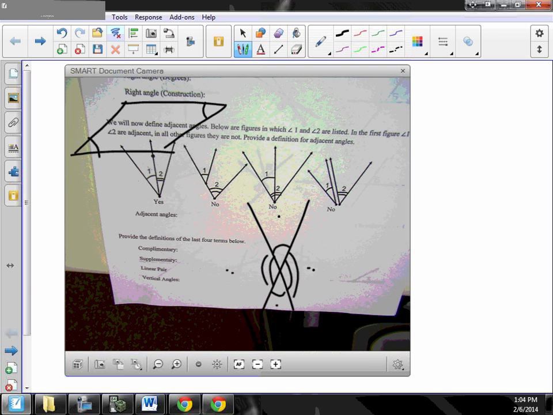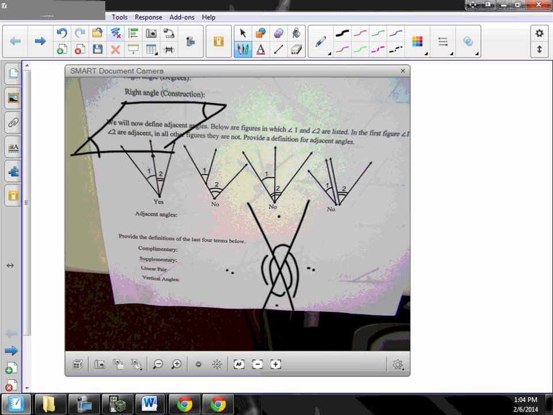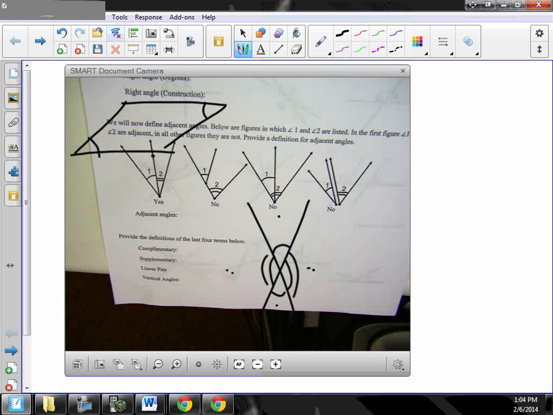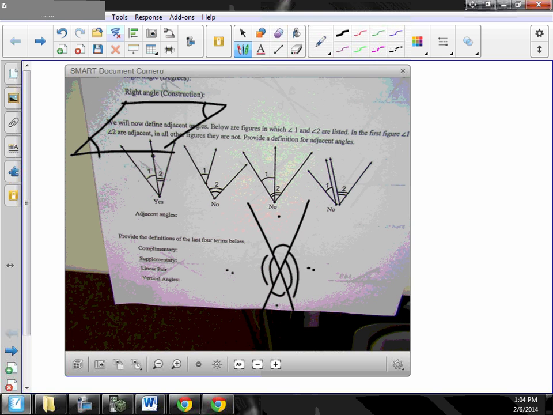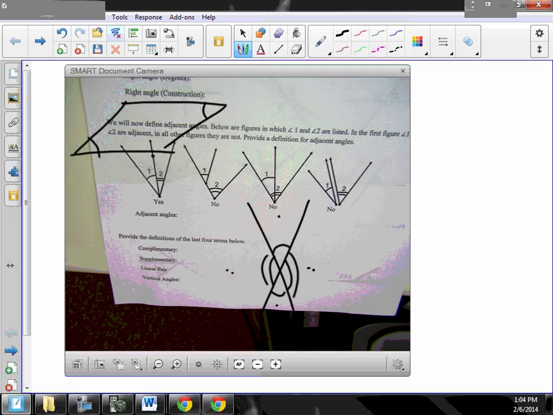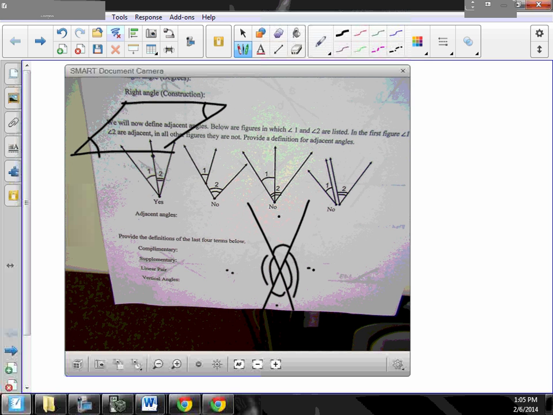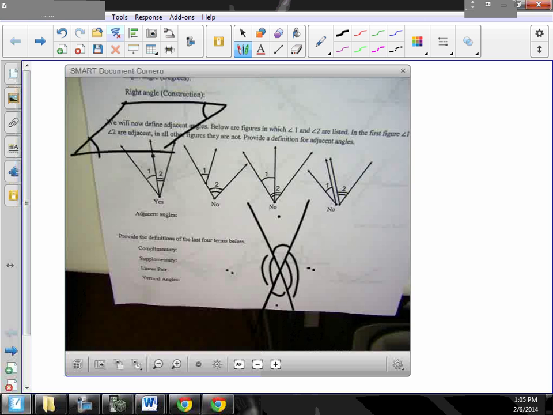So the definition of adjacent is they share a vertex and they share a side. So the top angle and the bottom angle, they share a vertex, but they don't share a side. Right? They're on the same line, but remember, a side begins at the vertex. So if they're not adjacent, how would we define that?